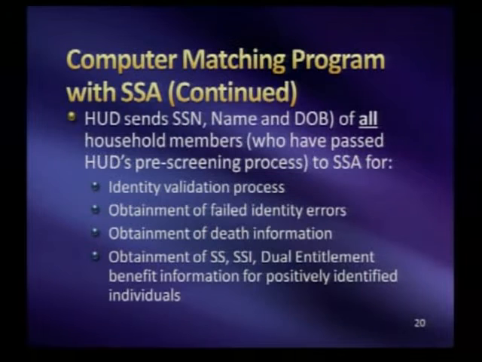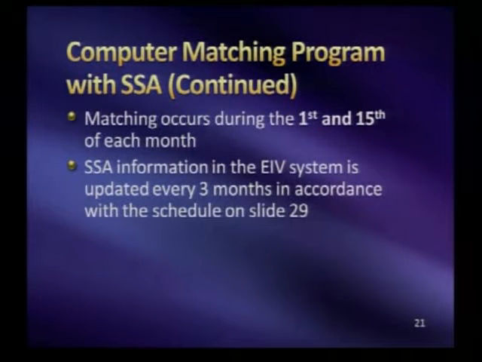And so that is what is returned back to HUD. And so our SSA computer matching process begins the 1st of the month and typically is finished around the 15th. So just understand that if you send in a 5.8 today, that 5.8, in accordance with our computer matching schedule, will be matched the following month, okay?